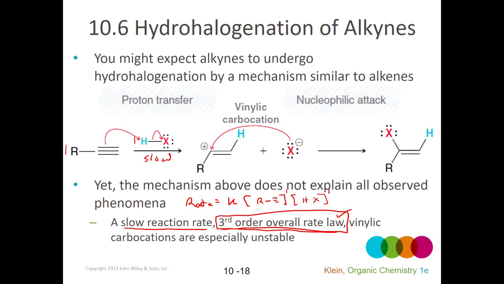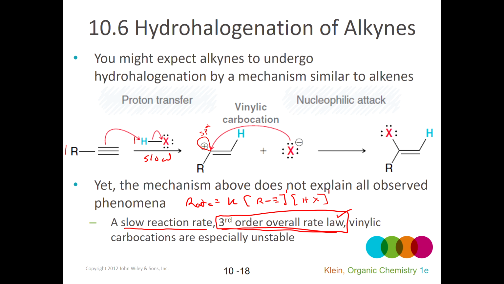And what we said is vinyl carbocations are similar to primary carbocations in that they're even more unstable than primary carbocations, because this is an empty sp2 orbital. A compact orbital relatively close to the nucleus is very difficult to create an empty orbital in, because the nucleus really strongly attracts electrons in.